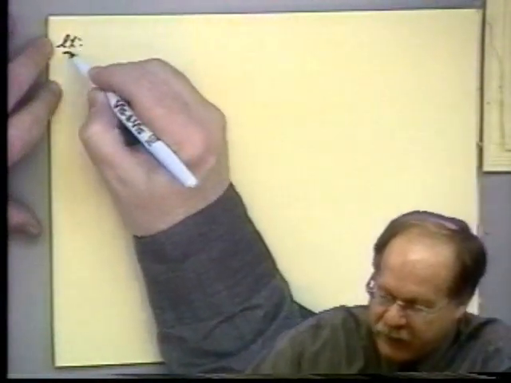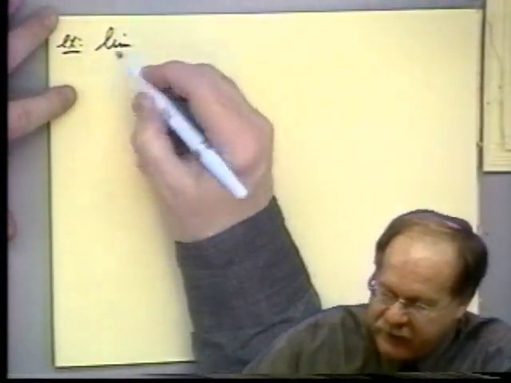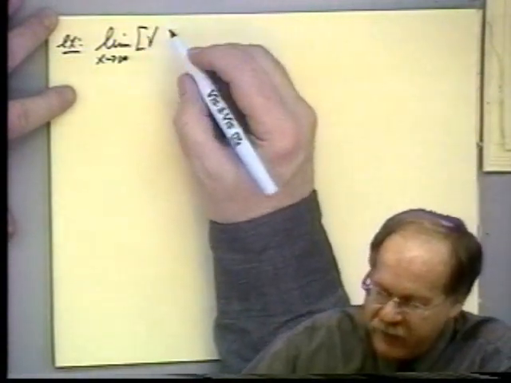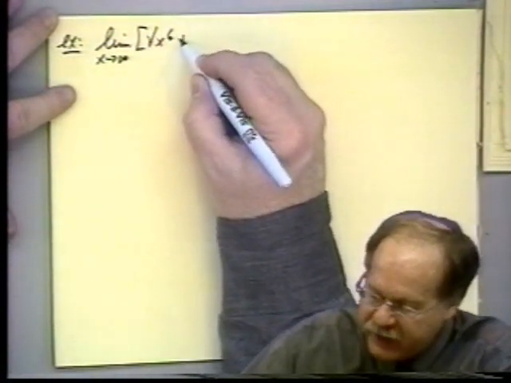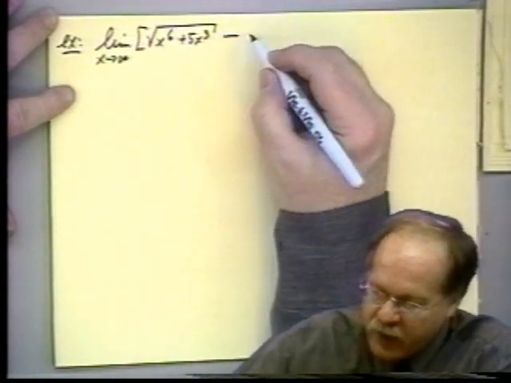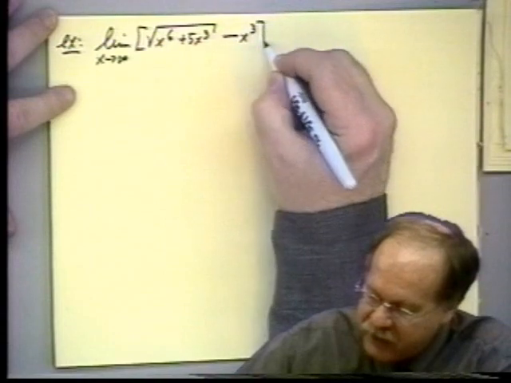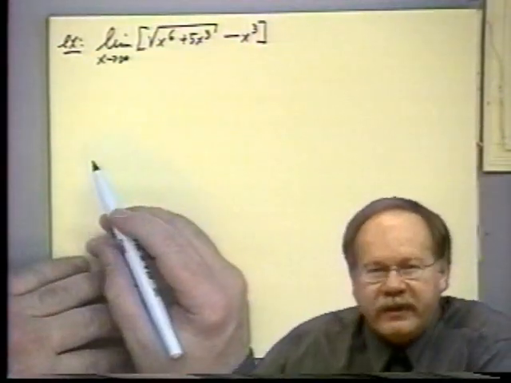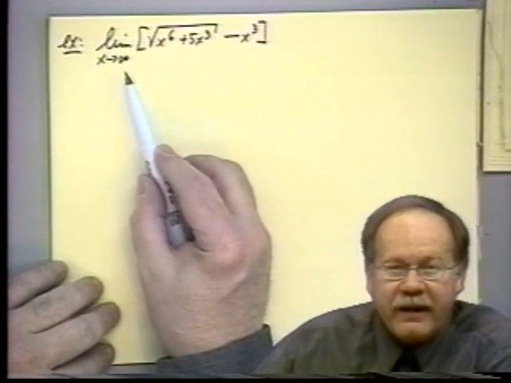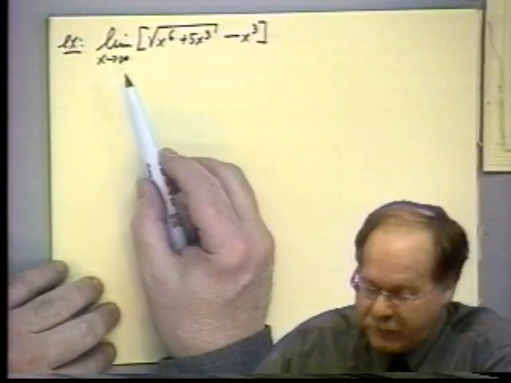Now let's do a different kind of radical limit. If I take the limit as x goes to infinity of this one, I get something very different. X to the 6th plus 5x cubed, square root in this case, minus x cubed. Now if you look at that with your intuitive grasp of limits, you say, well, I'm just going to see what happens as the x heads off toward infinity.